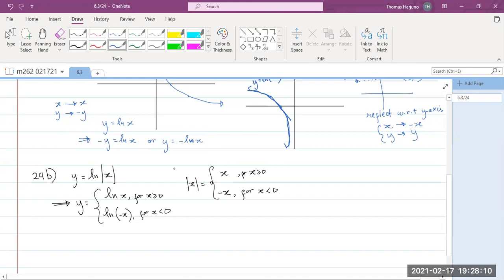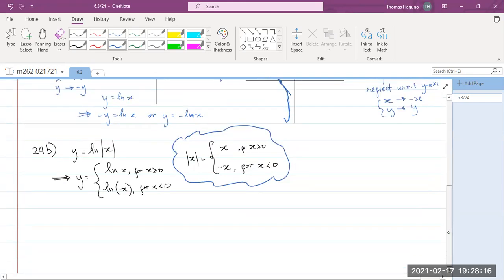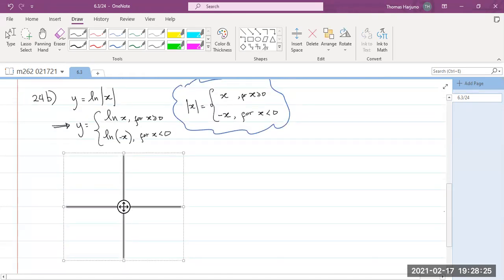But again, the idea is actually coming from here. Now you think about this as a piecewise defined function. On the positive side, from 0 to positive, it will just be the graph of ln x, approximately like this.